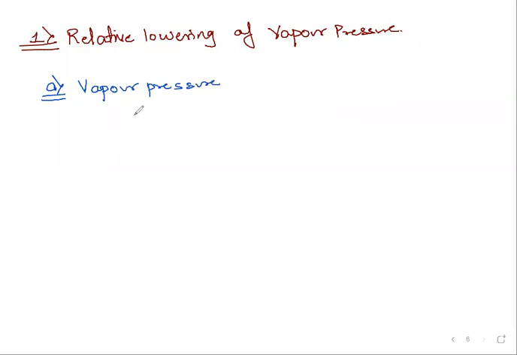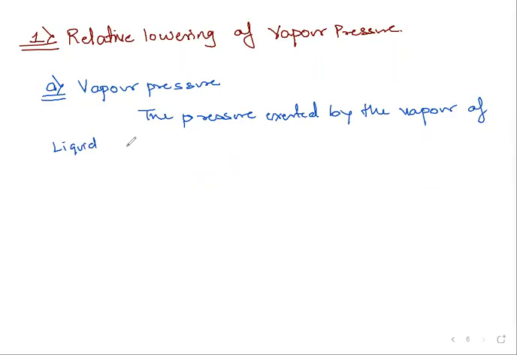Vapor pressure is the pressure exerted by the vapor of a liquid on its surface when they are in equilibrium.